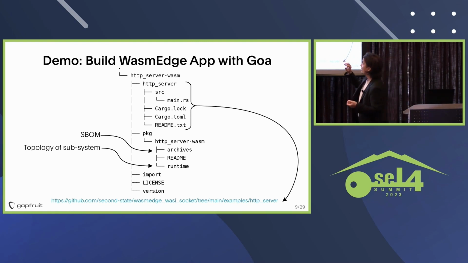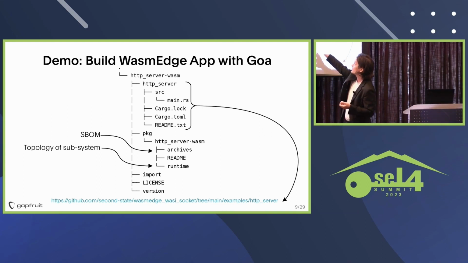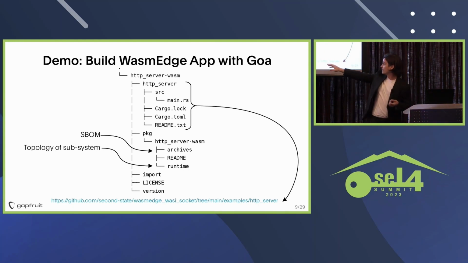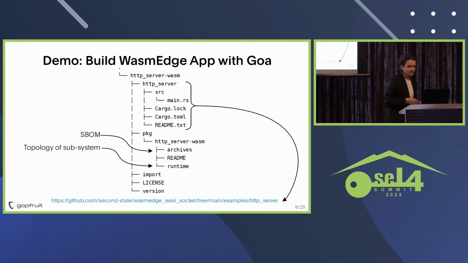What we can see also is we have a subdirectory called http_server, which is one-to-one an example from the WasmEdge project, which is basically a web server written in Rust.